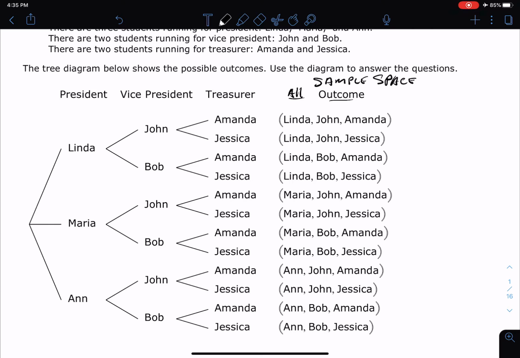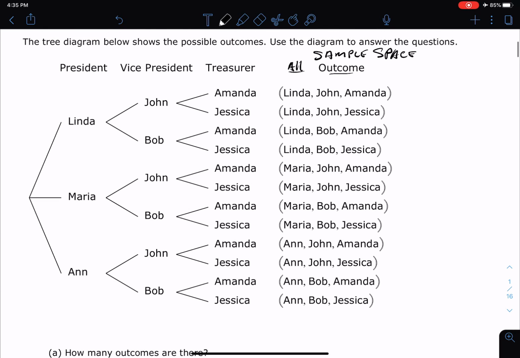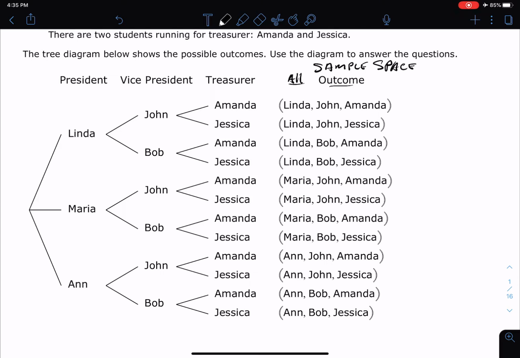If the outcomes are large, and often outcomes of many things are large, this tree diagram grows so big and fast that you can't even really represent it on probably even a poster board or sheet of paper. It's just too many, and it just gets so hard to draw. Becomes unusable really because of that. But it's really good for illustrating things like this where the sample space is not too large, and it kind of gives you insight on this. Anyhow, let's go ahead and do this.